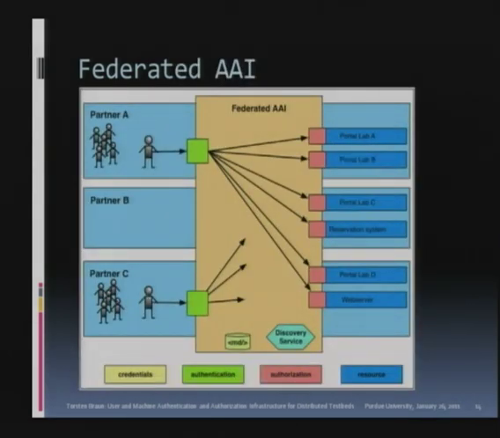So basically that's shown here on this slide. So authentication is basically here at the home organization of the user, authorization at the resource. And also you see here that the resource does not have to care about maintaining user credentials, for example.